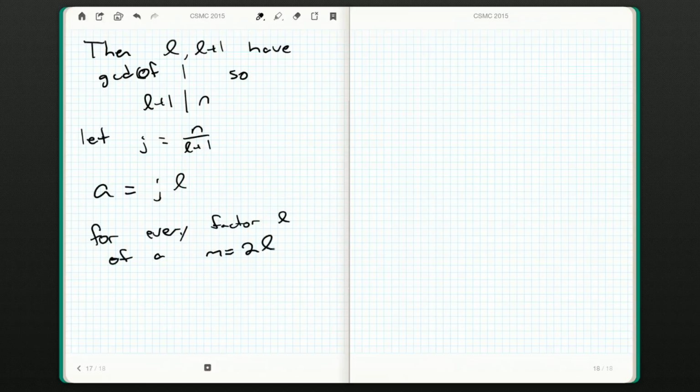So 2L plus 1 is going to be m. Okay, and then J times L plus 1 is n. And this gives us brand new pairs m and n.